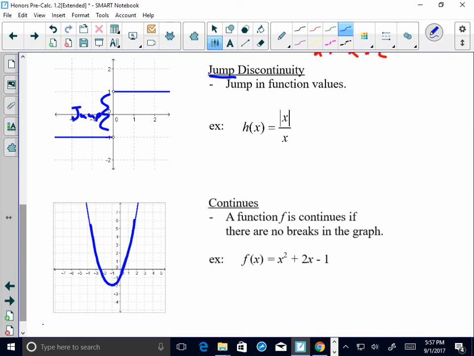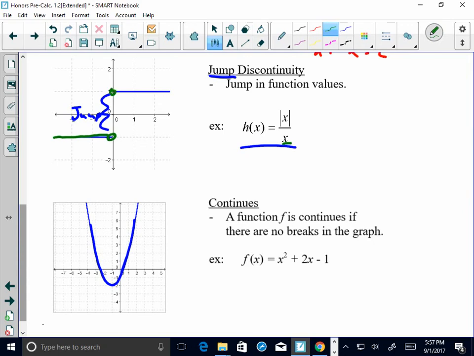Now right here, we've got a very special case with our h of x, where we've got the absolute value of x divided by x. And here we can see that as we plug in negative x values, we get positive numbers divided by their corresponding negative numbers, giving us -1 all the way up into 0, where we're undefined because we have 0 in the denominator. And then right here, when we start dividing by positive numbers, we've got positive numbers in the numerator divided by their corresponding positive numbers.